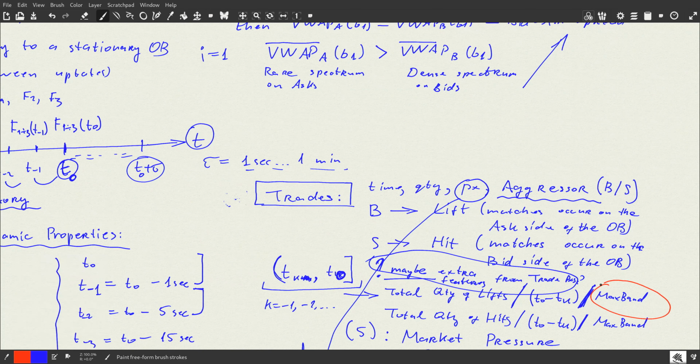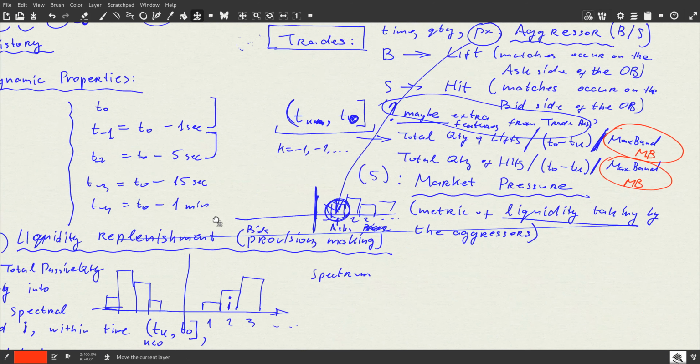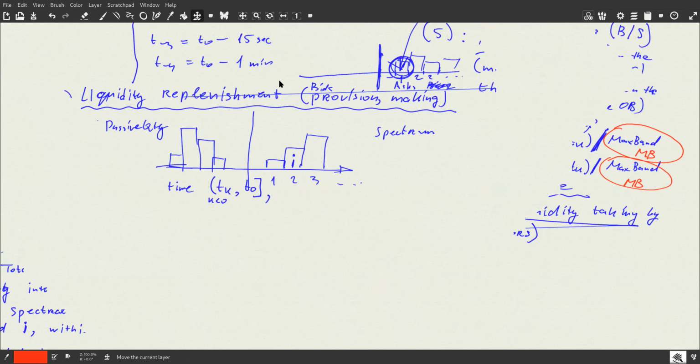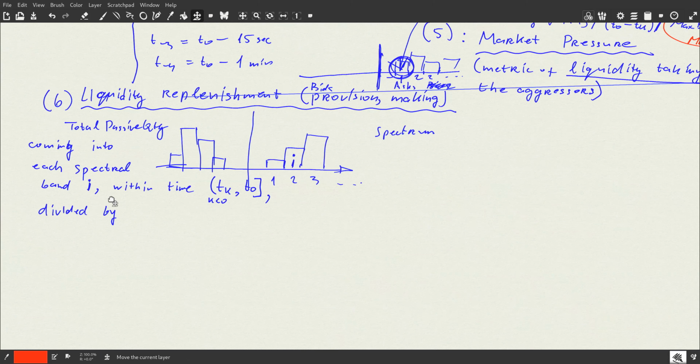And divided by time, you're absolutely right. So divided by this max band MB and also divided by time, T0 minus TK. So for each I, for each K, you get this set of features.